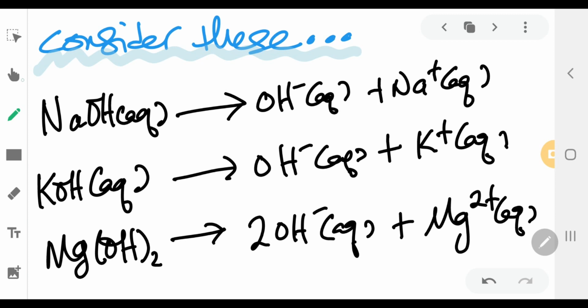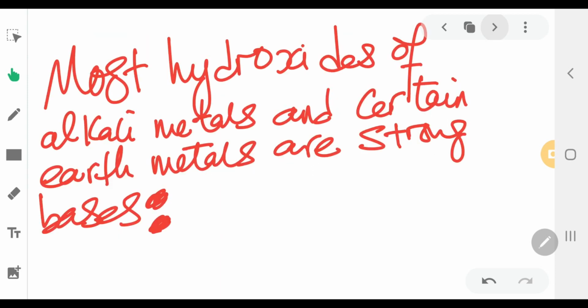It's similar to what we have looked at for strong acids. They will be completely dissociated. So all of it over here, NaOH and KOH, all of the substance that you have in the beginning will be converted into the ionic products right there. Most hydroxides of alkali metals and certain earth metals are strong bases.